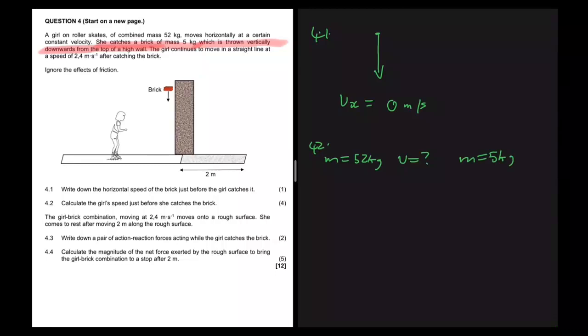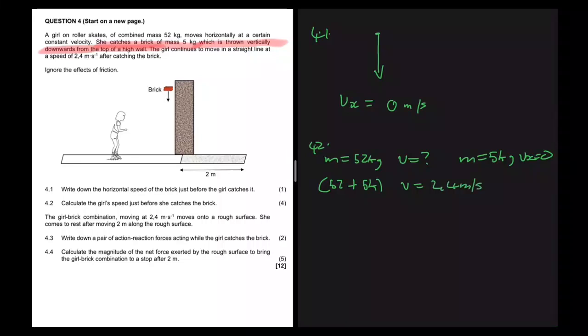It's been thrown vertically downwards, so it has a horizontal velocity of 0, like we've deduced in 4.1. The girl continues to move in a straight line at a speed of 2.4 meters per second after catching the brick. So the girl of mass 52 kg plus the brick of 5 kg move together at a velocity of 2.4 meters per second.